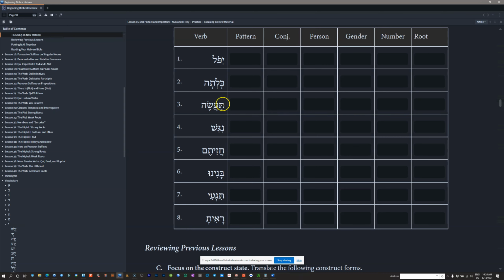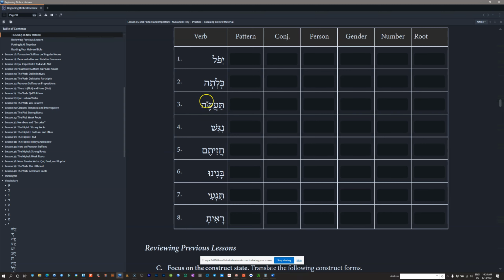Is the tav part of the root, or do we know of any conjugations where we add a tav to the beginning? Well, sure enough, the cal imperfect, third feminine and second person forms, all of those forms will add a tav. Do any of those forms add a tav to the beginning and a hey to the end?